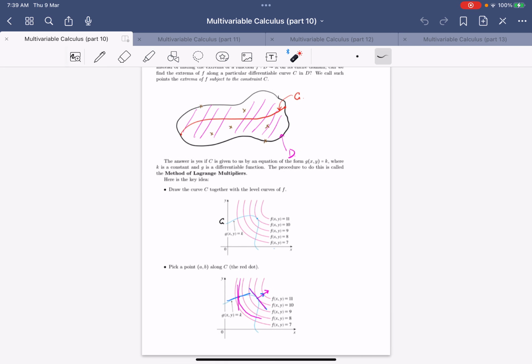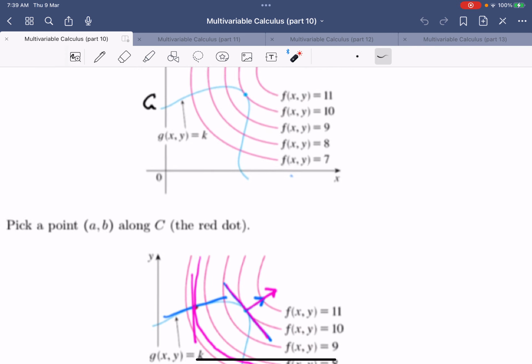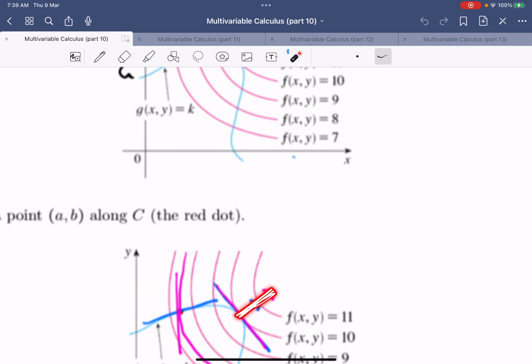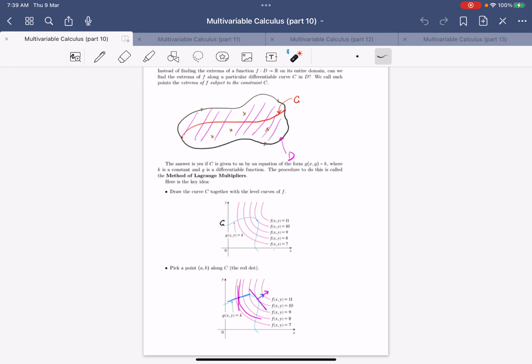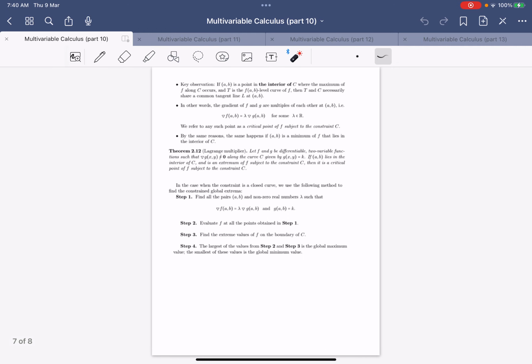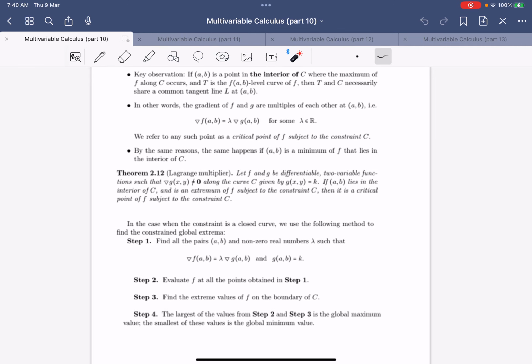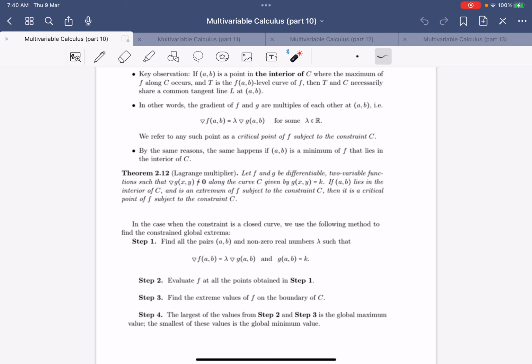And hence, the gradient vector of this curve and the level set will be equivalent in the sense that they are scalar multiples of one another. So with this observation, we see that the gradient vectors are scalar multiples of each other.